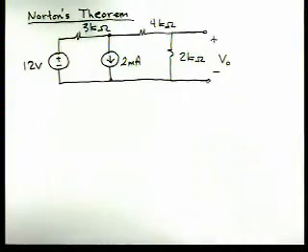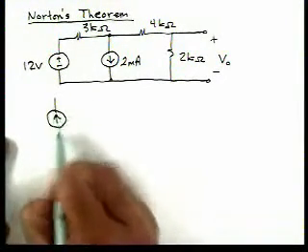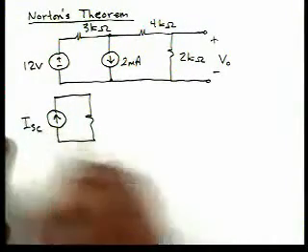So let's go back to our circuit here with Norton's theorem. Now what we're going to do is find a current source in parallel with a resistance. That's a Norton equivalent.